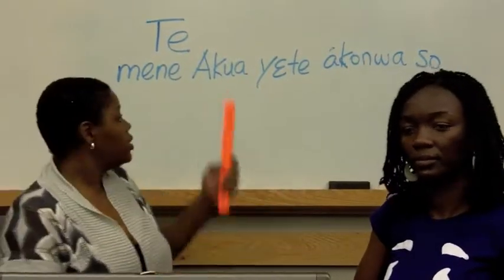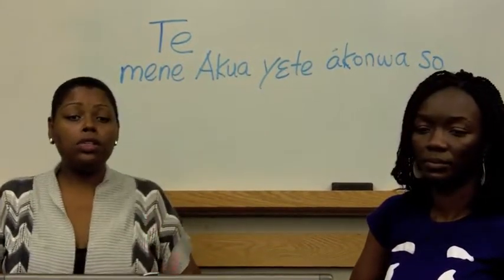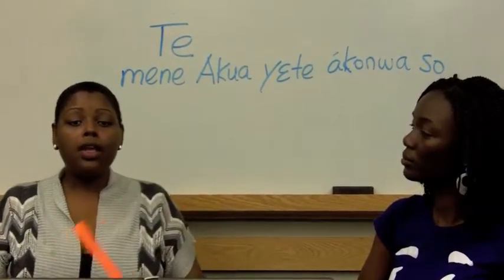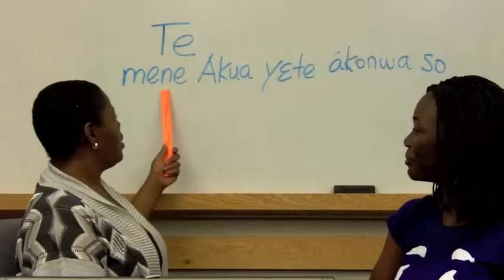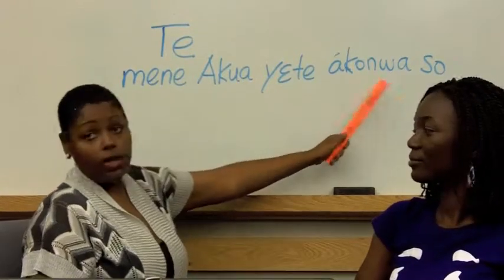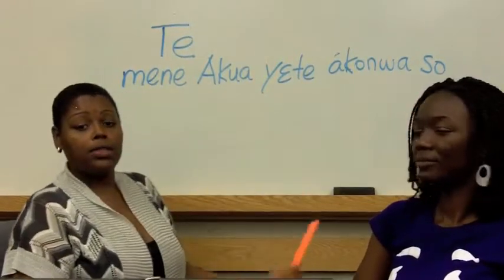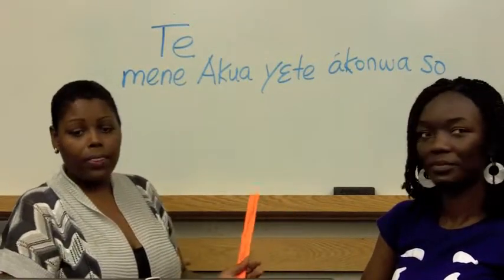Let us turn to te, which is used to describe humans and animals that are in a seated posture. Right now, I would say, Mene Akuya yete aponwaso, because Akuya and I are sitting on the chair.